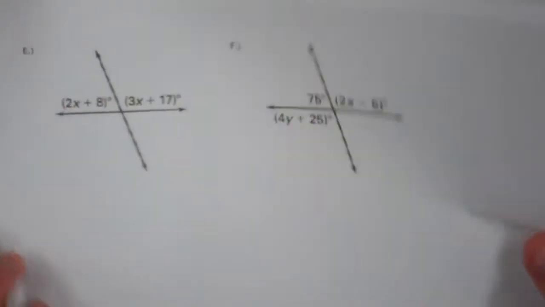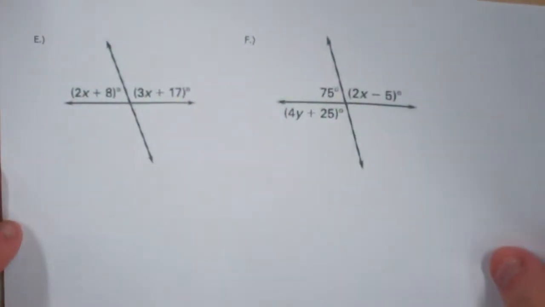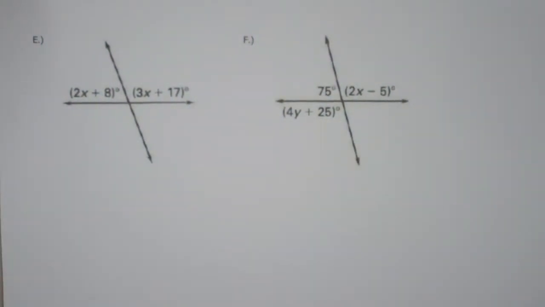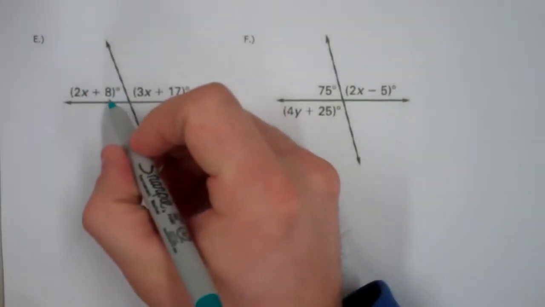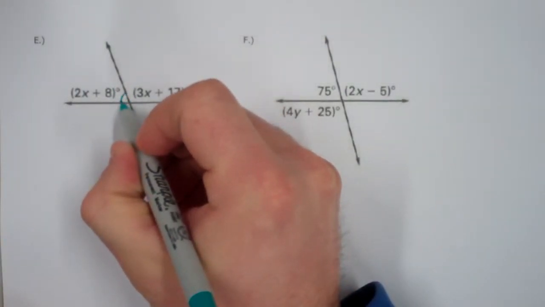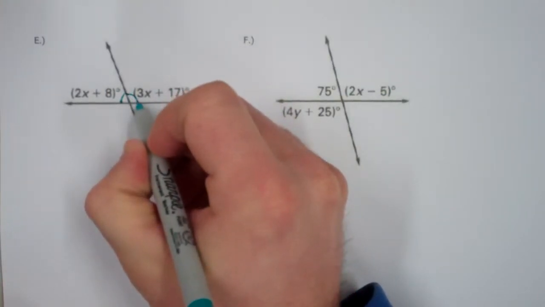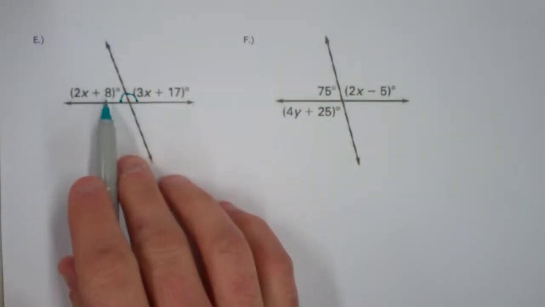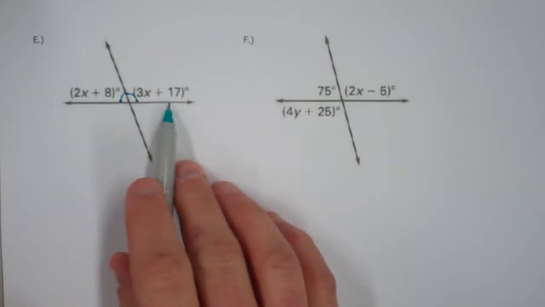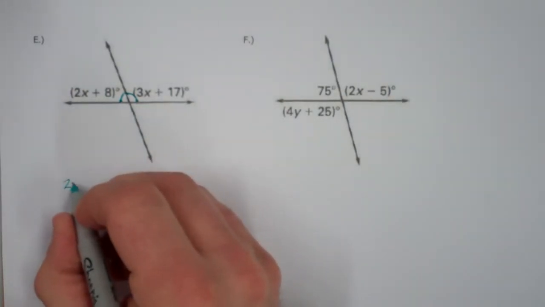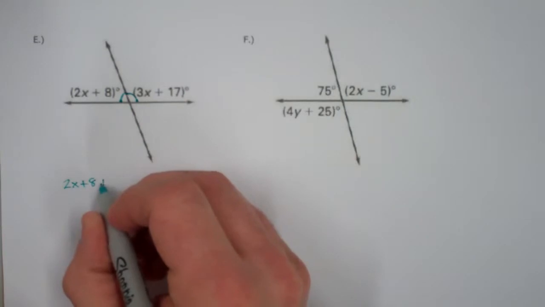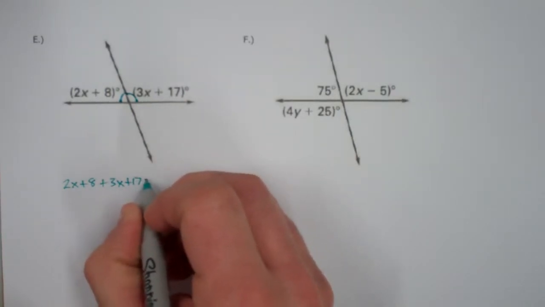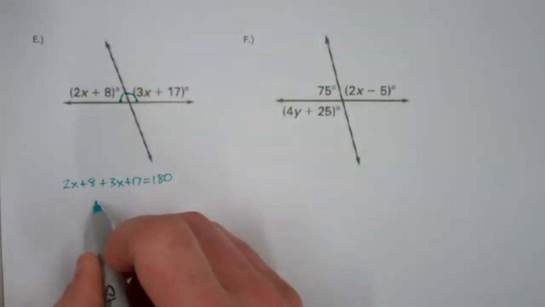It looks like these are the last two for example 2. If we look at figure E, you'll notice that 2x plus 8 and 3x plus 17, those two angles would add up to be a straight line, where they're supplementary. So we can do 2x plus 8 plus 3x plus 17 is equal to 180.